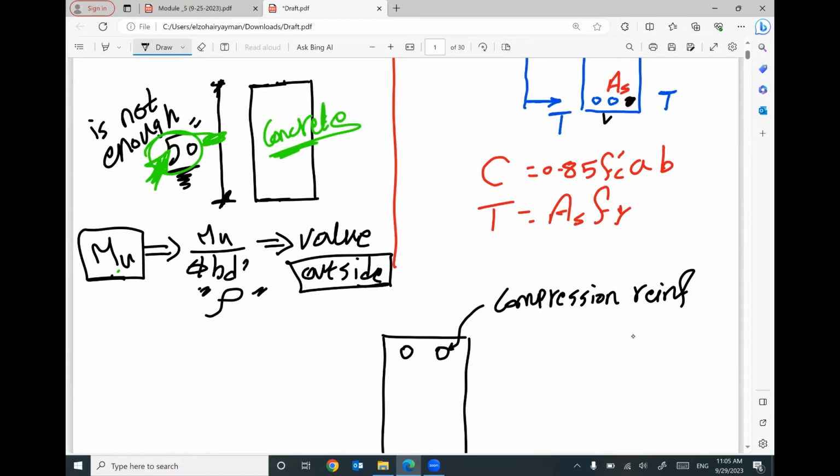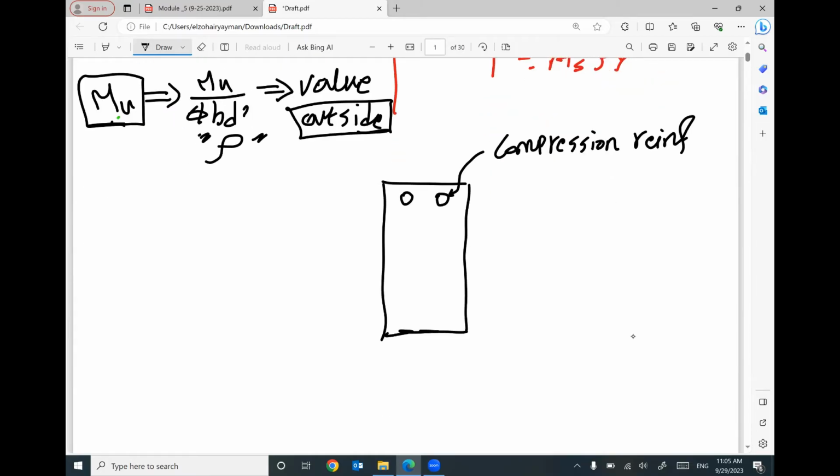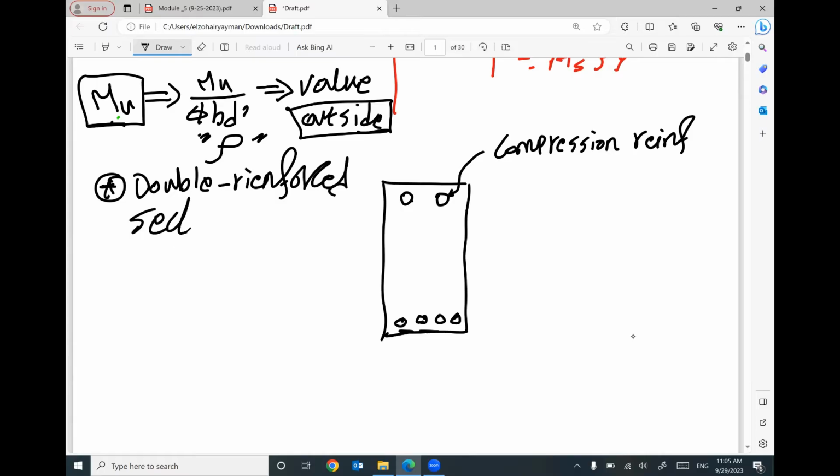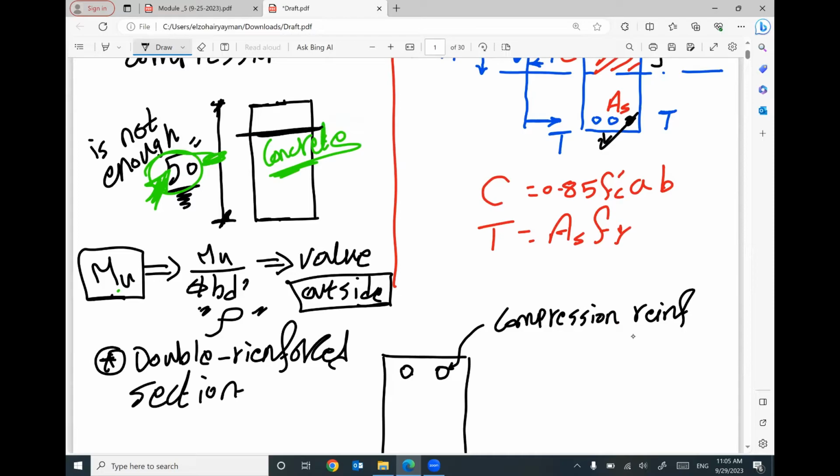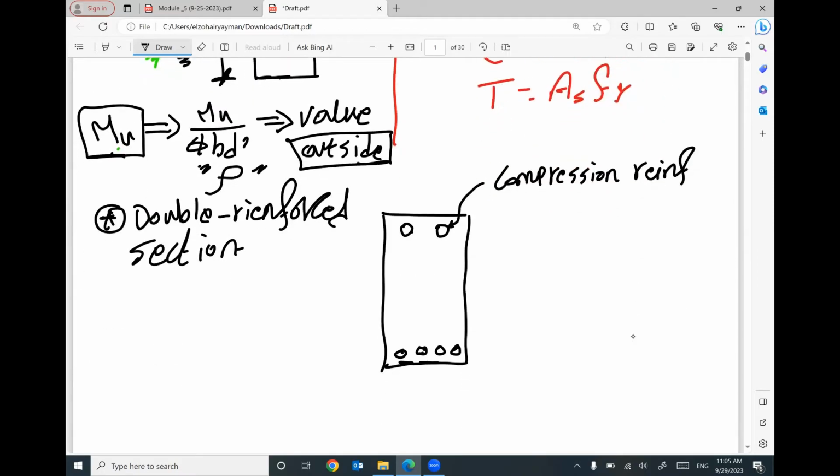So if you have something here, you have to increase this one more and more, equal to what you did here. In this case, your cross section is called a double reinforced section. The concrete, which is not enough to support your compression, I provided a hand. I provided more material, which is steel reinforcement, to support or to share the compression with concrete.